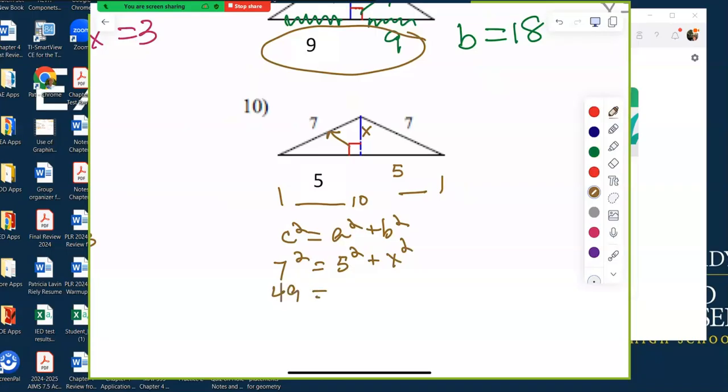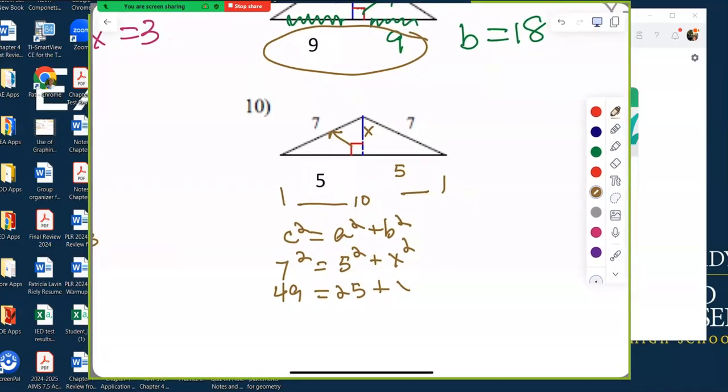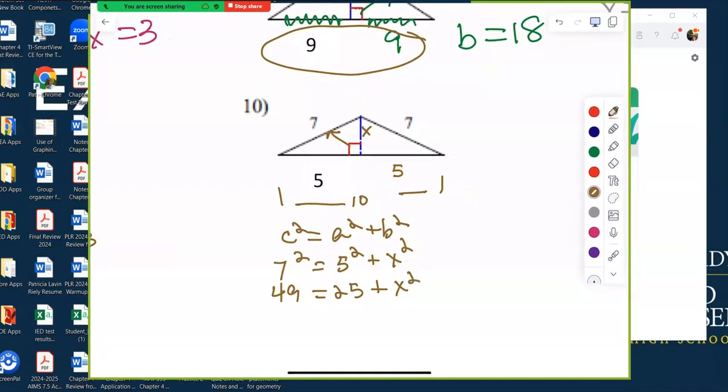Using your calculator, if you want, you should be able to get your squared numbers. And your job now is to isolate the x, subtract 25, subtract 25. That gives me a 24 equals x squared.